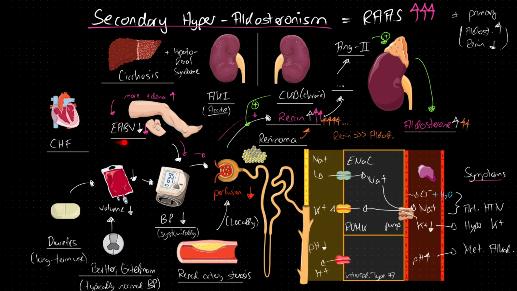Fourth, conditions with reduced effective arterial blood volume, such as heart failure, cirrhosis, or nephrotic syndrome, activate the RAAS despite total body volume overload, creating a vicious cycle of fluid retention. And fifth, chronic kidney disease can cause secondary hyperaldosteronism through complex mechanisms involving nephron loss, proteinuria, and inflammation.